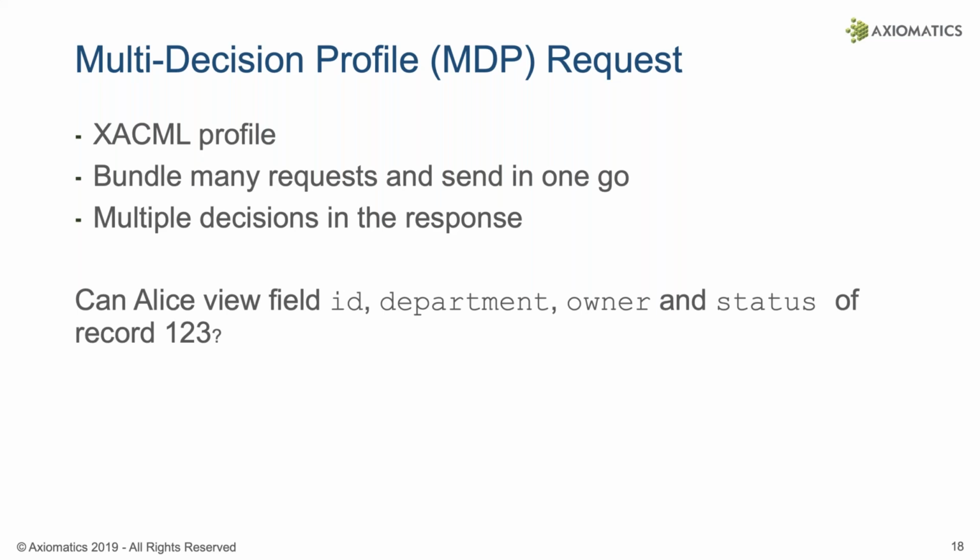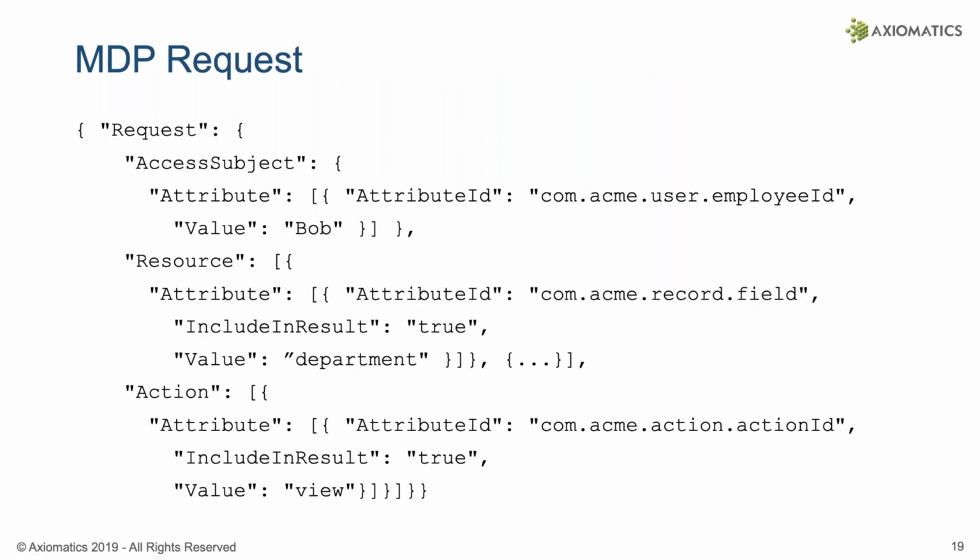So there are ways to handle that, even if there are a lot of different fields within the resources we're dealing with. And here's a snippet of a multi-decision profile request.